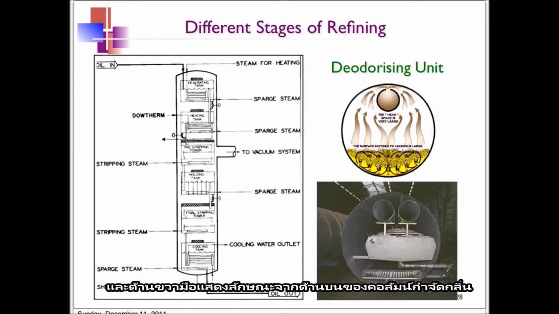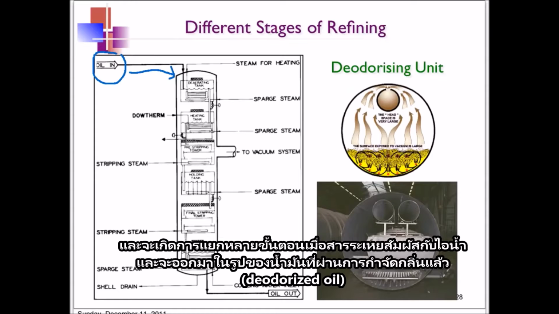So basically the oil comes from the top into the column, and will go through several stages of stripping of the volatiles when it comes into intimate contact with the steam, and finally it will come out here as the deodorized oil.